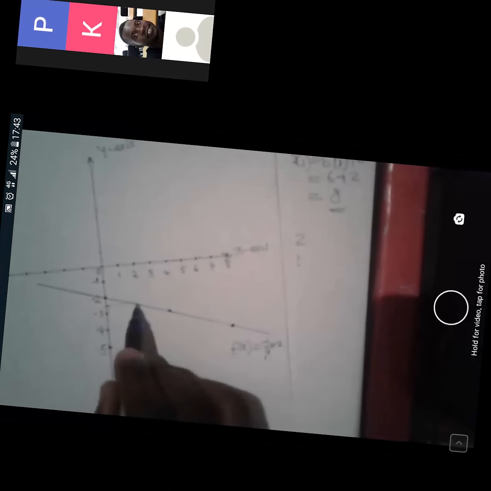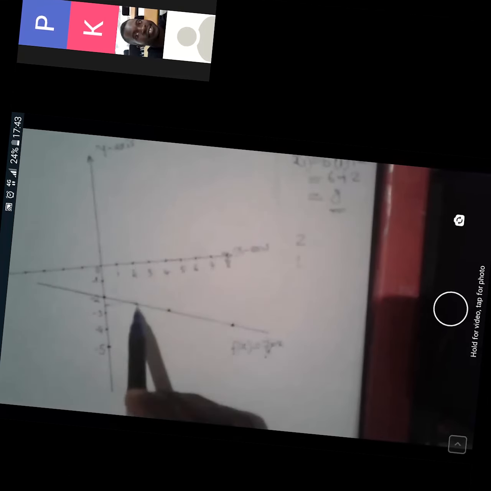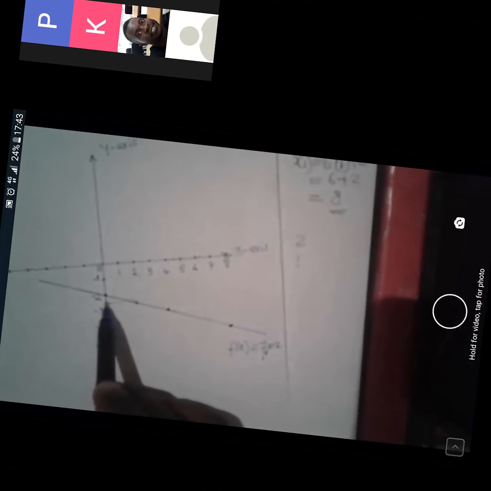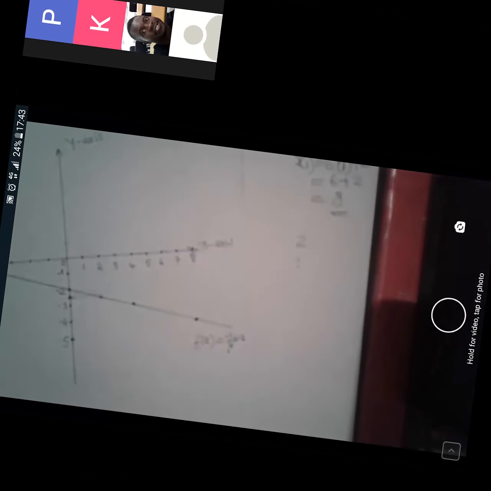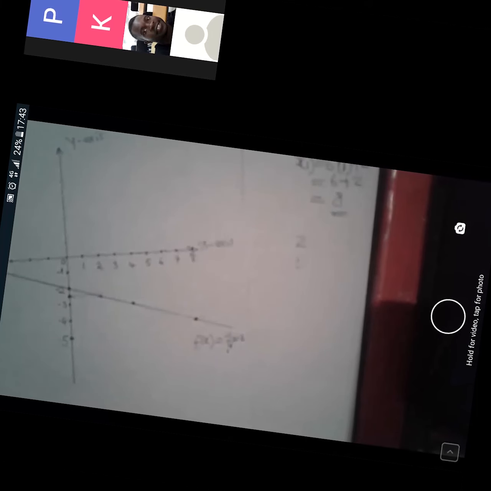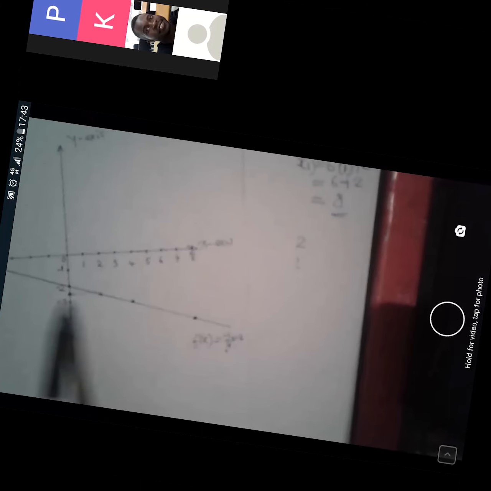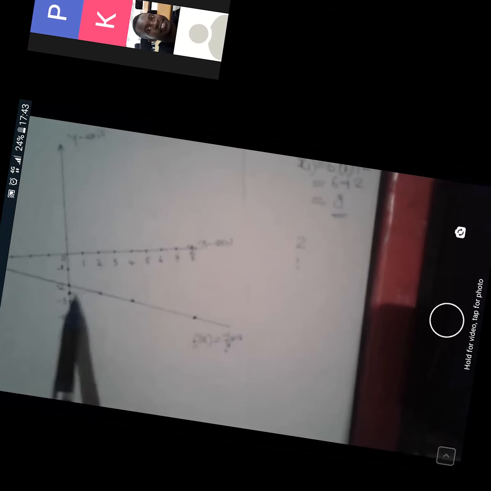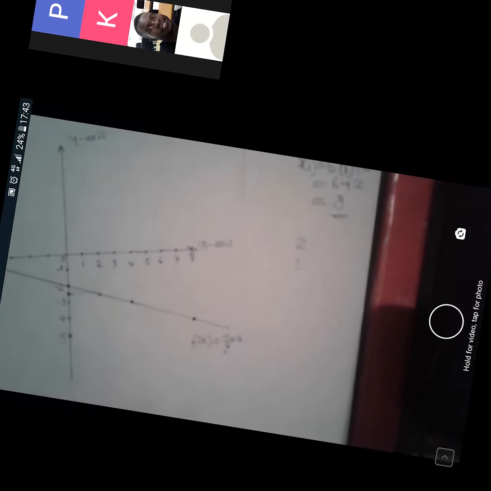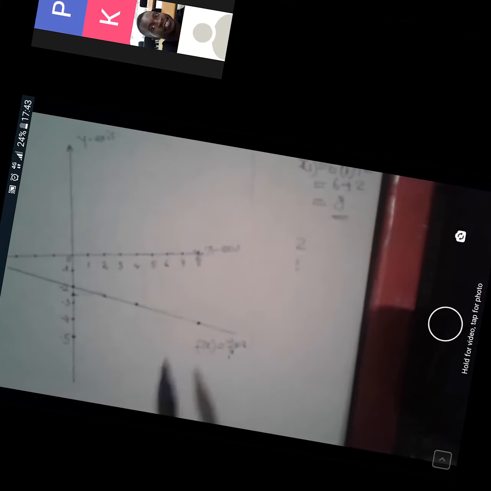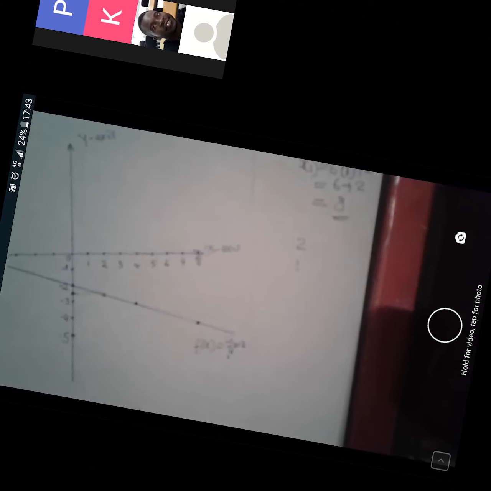You're going to discover that f of 2 is somewhere here. In this case, it's going to be a decimal number, isn't it? That's why you see it being negative. So you can use the graph to find the values of y.